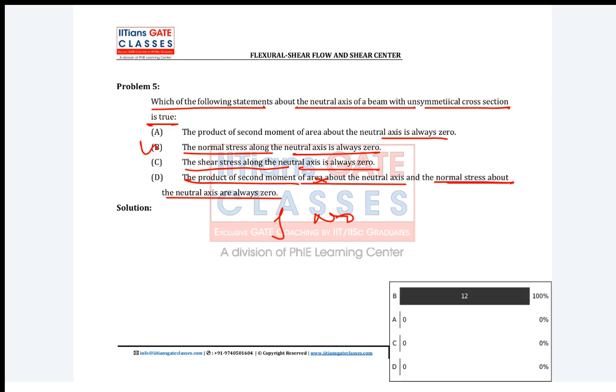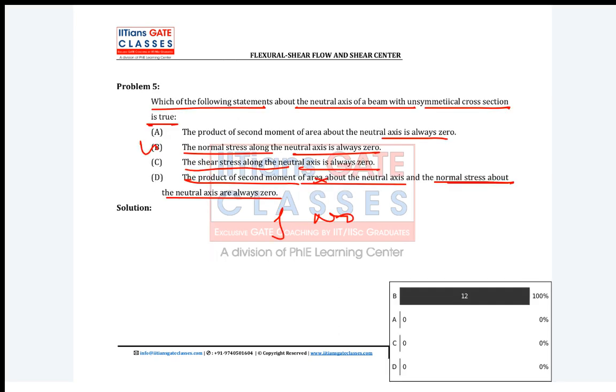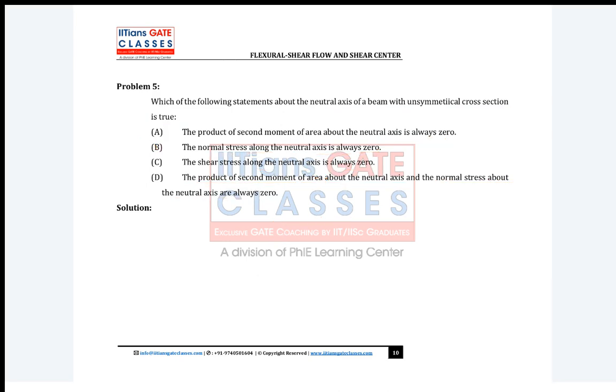Sir, in the previous question, you explained why other options are not fitting, this product moment of second moment of area. Yes, sir. See, we know, when we took the stress resultant, what do we see?